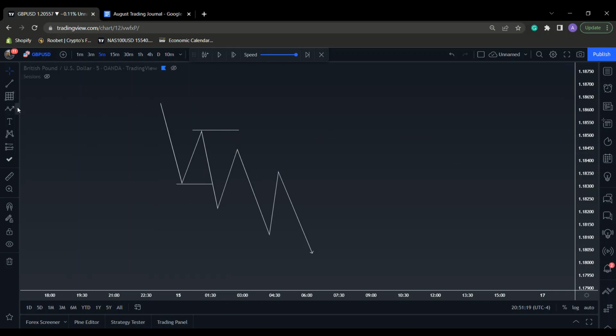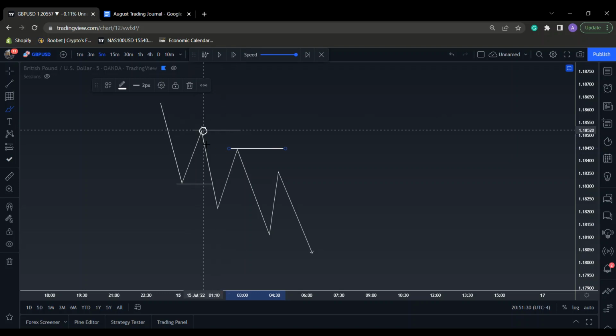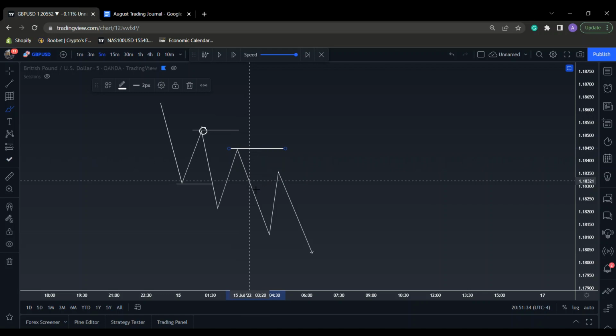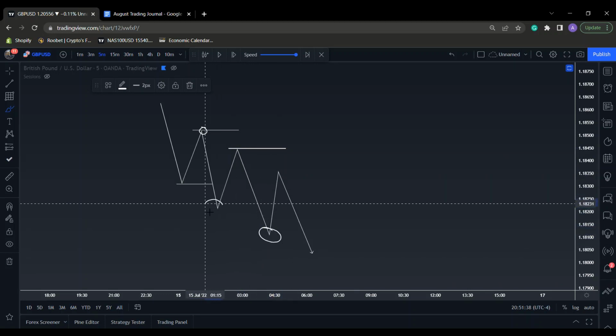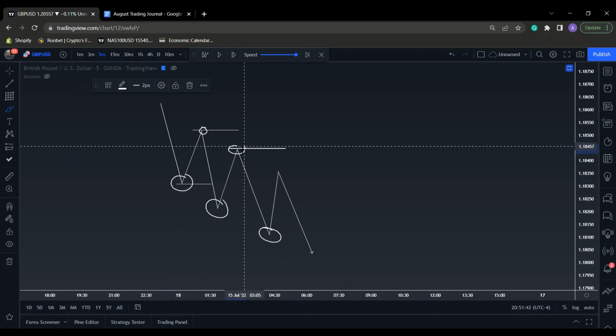Price didn't come up to break this high, so now this is a lower high. Price made this lower high, not breaking it, so it's not a higher high, it's a lower high. Price comes down, makes a lower low, so all these right here are lower lows, lower highs.